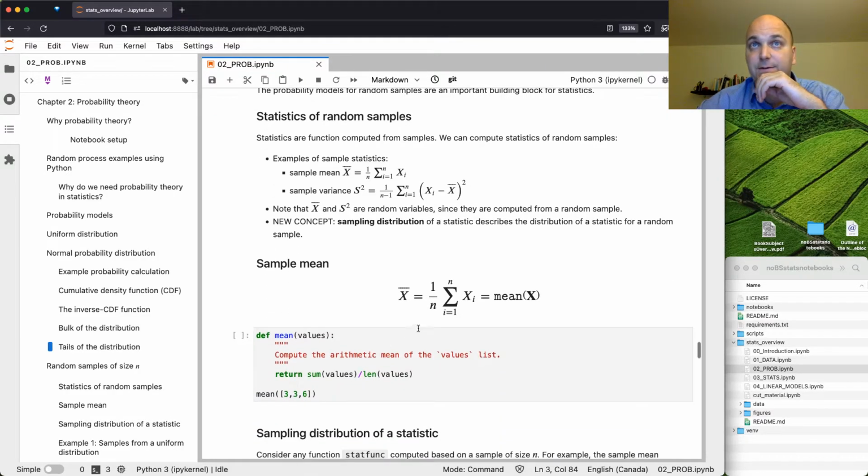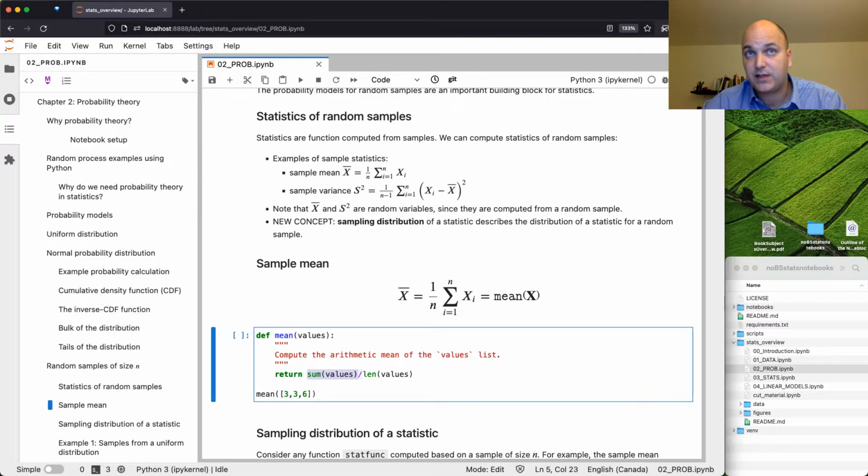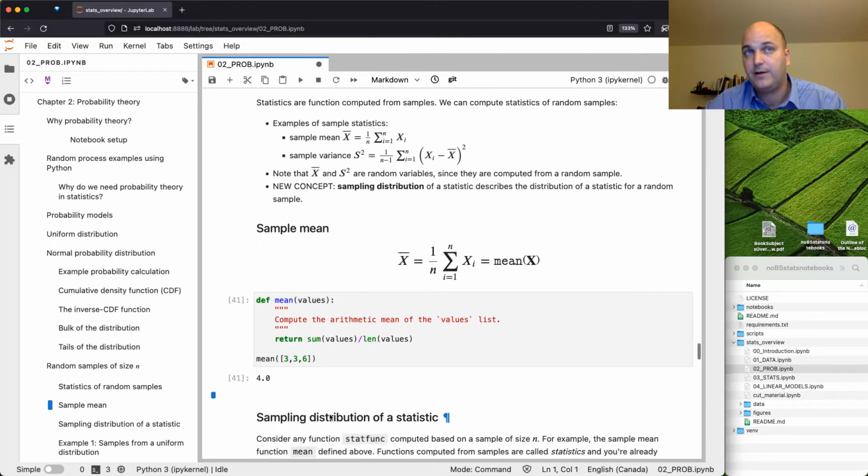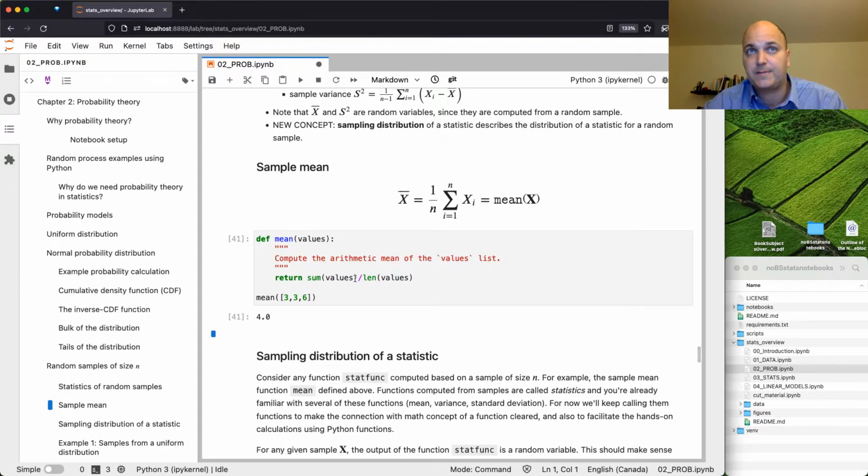Okay, so here is a copy of this. Just to understand how this is going on, we're going to do some examples. So the function mean, the average, takes the sum of the values and divides by n, the number of them. Very simple, right? 3 plus 3, 6, 12, divided by 3, 4. Not too complicated.